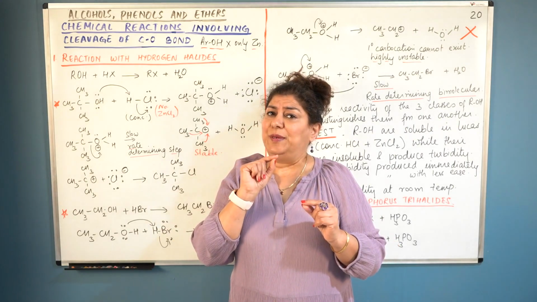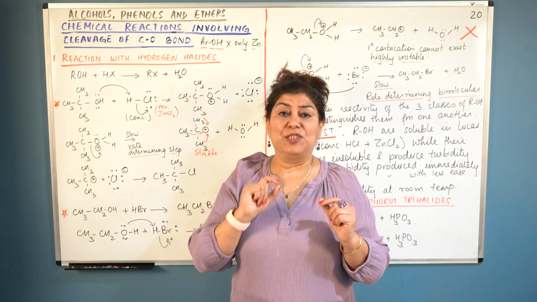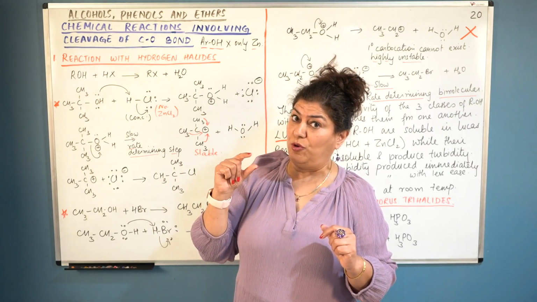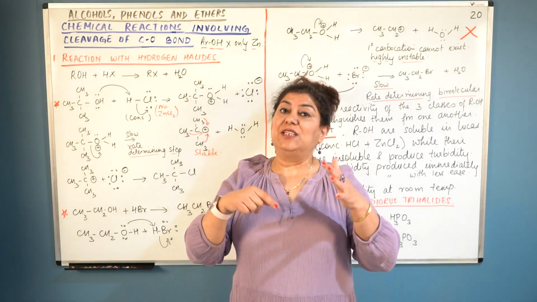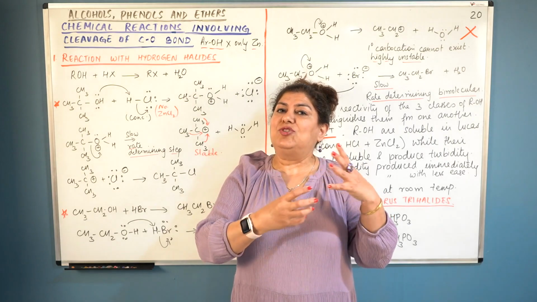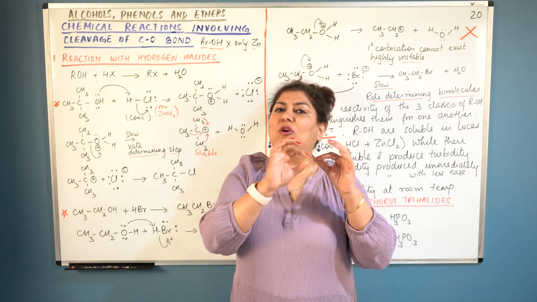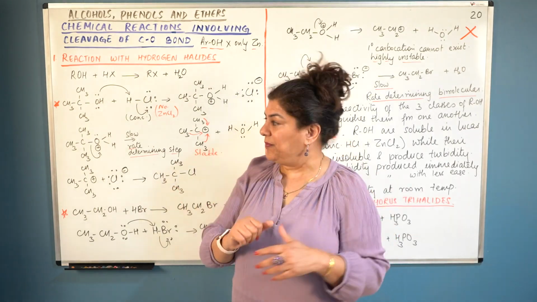Since this carbon is sp2 hybridized, it forms shorter bonds, and due to resonance it is more stable. Therefore, it does not allow the breaking of the bond, or changes, that easily.